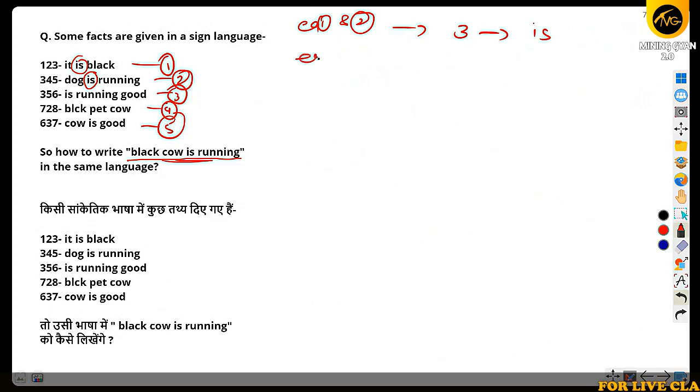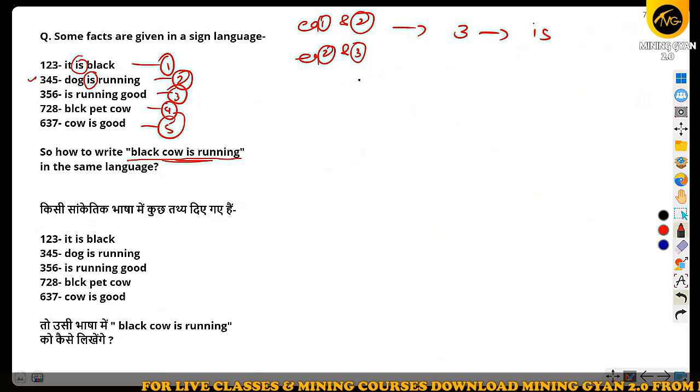Now equation number 2 and equation number 3: 3, 4, 5 and 3, 5, 6. We have already known 3 is used for the word "is". So the second number which is common in equation number 2 and equation number 3 is 5.